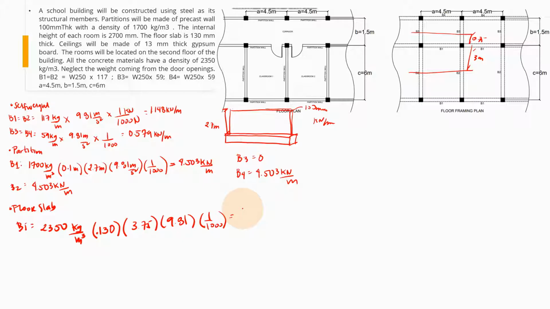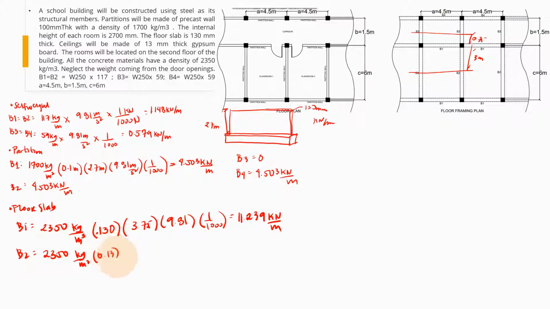So, we have 11.239 kilonewton per meter.